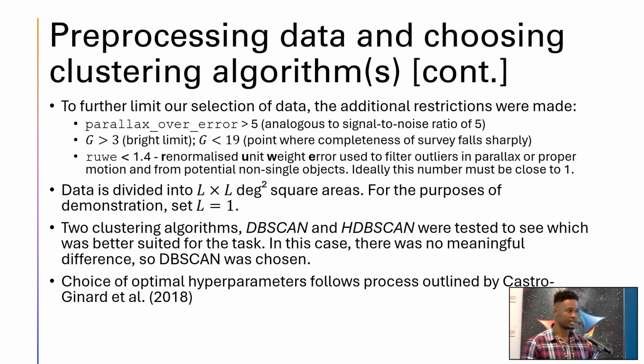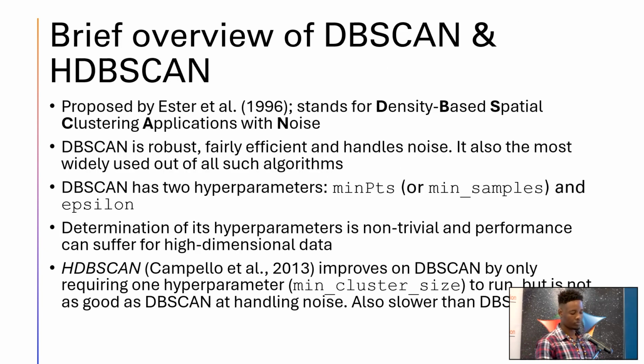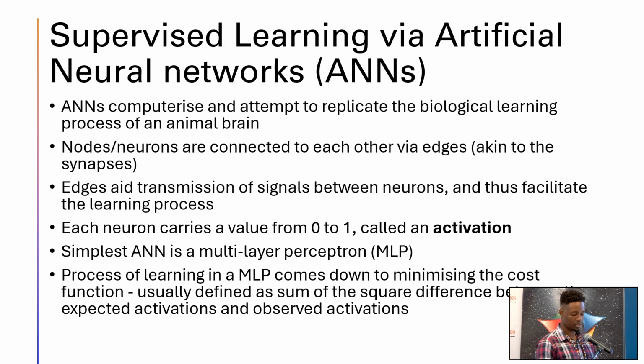The idea is that that point in the curve would demonstrate in some way the beginning of the background, if you will, right? The point where you start to use min points values that are so high that you start picking up only the background and not really the finer structures in the data. So this is something that I wanted to mention. And then I talked about this, so we can just skip through this, right?